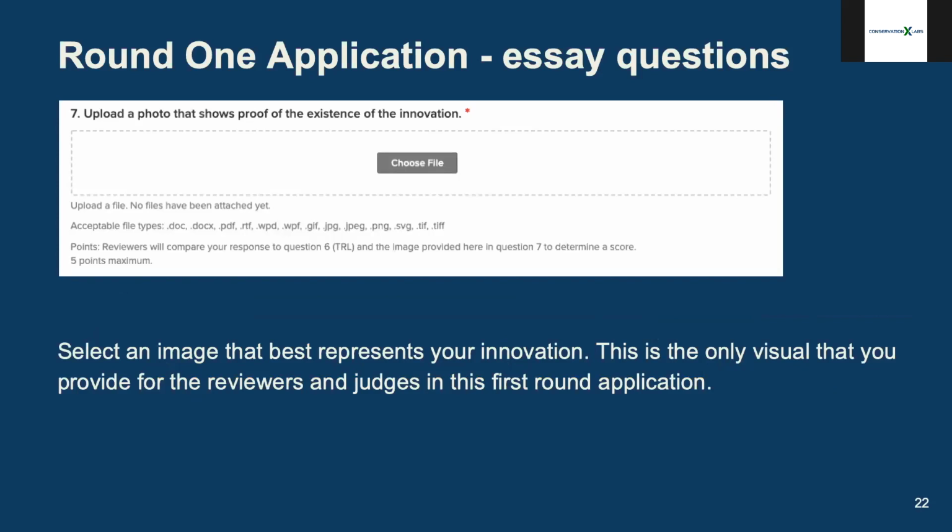So be strategic. Select something that is going to demonstrate what your innovation looks like. This doesn't just have to be a photograph, but it could be an image that you create through PowerPoint or something. There are multiple file types that you can select from in order to upload.